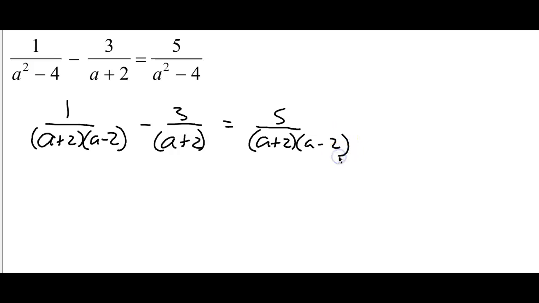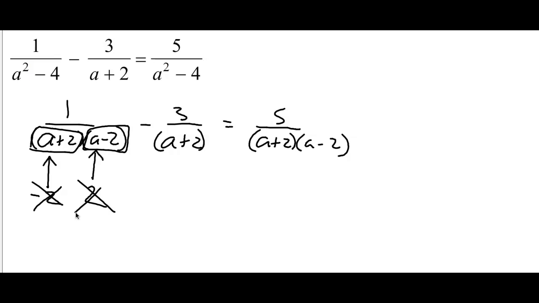What would I have to plug in here to make this equal 0? -2. What would I have to plug in here to make this equal 0? So these are the only two answers that I'm not allowed to have. Okay? You would technically have to check it on all the other ones also, but they're the same, so there's no point in that. So the only thing I'm not allowed to get as an answer is 2 or -2.